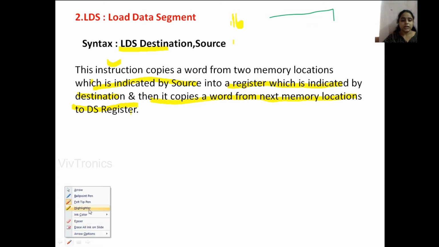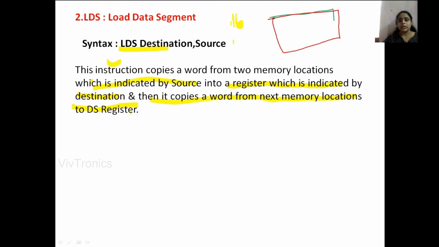So you know about the physical memory organization of 8086, right? In the physical memory organization of 8086, our memory is divided into 2 banks: an even bank and an odd bank. So if you consider this as 2000 and the next one is 2001, each memory location can store only up to 1 byte, that means 8 bits.